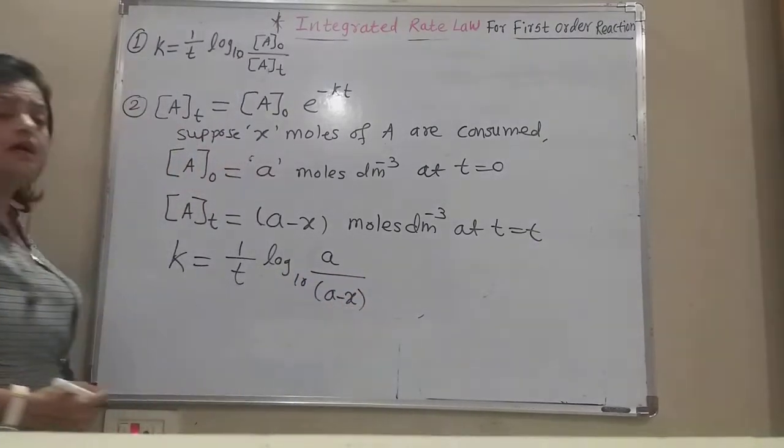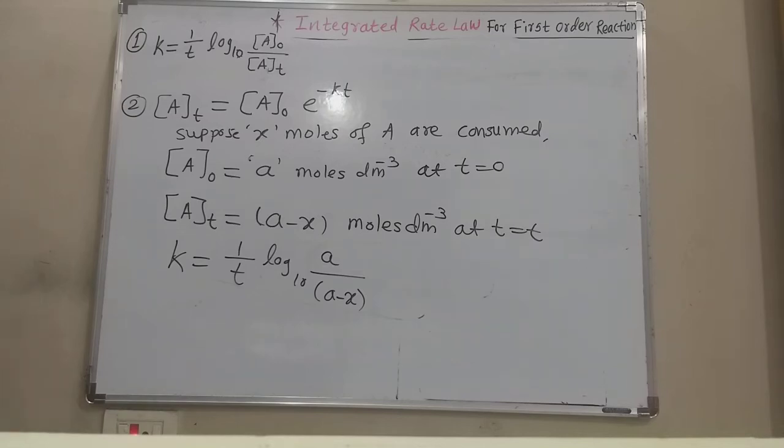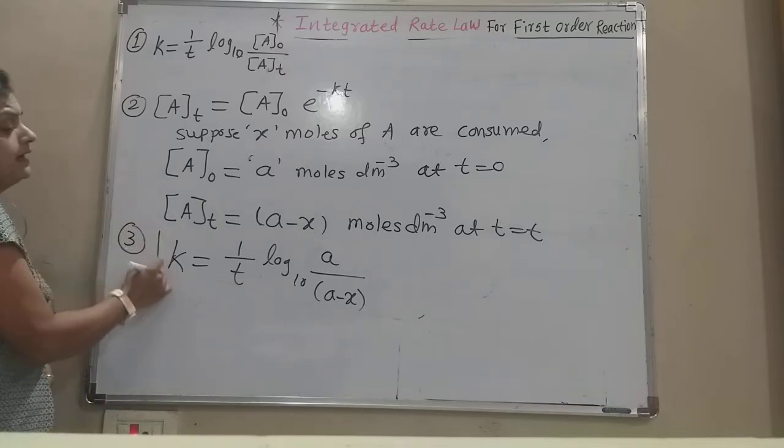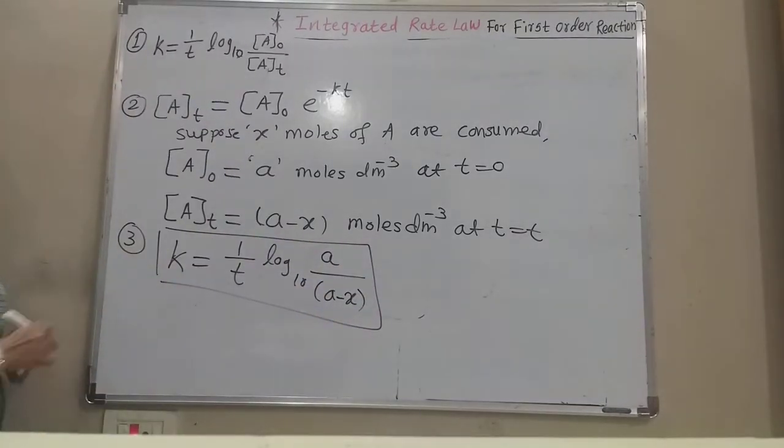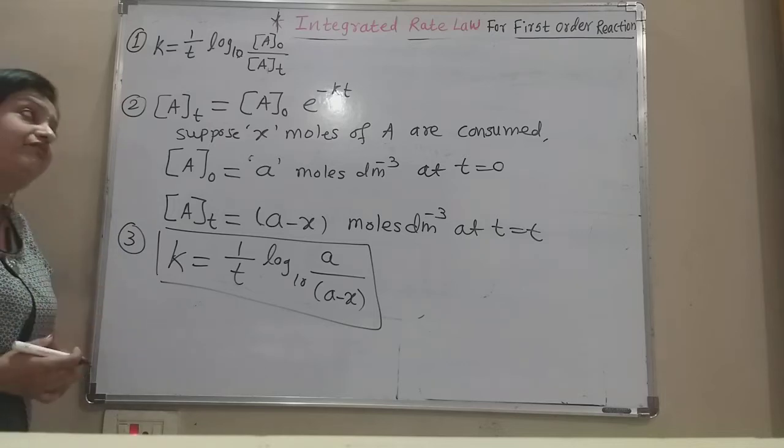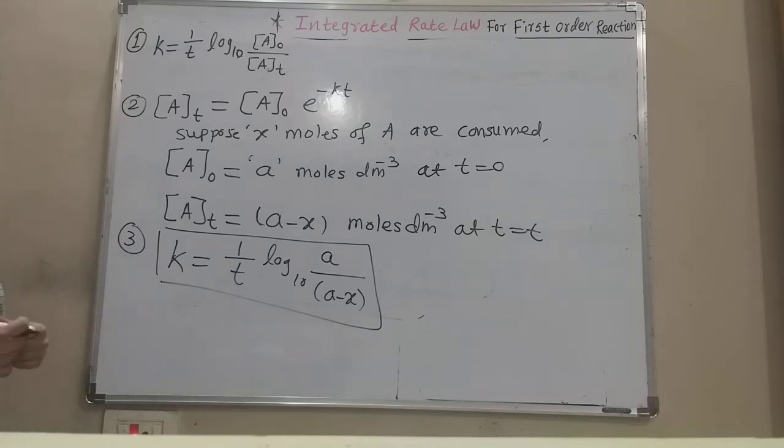Now this is the third form, and there are problems on this third form of the integrated rate law. Now see, these are the three different forms of the integrated rate law of the first order reaction. Very important forms, all three.